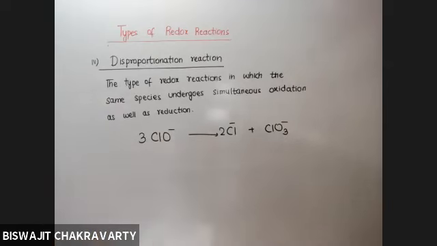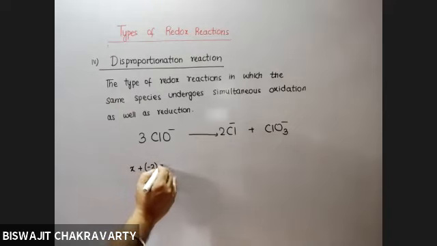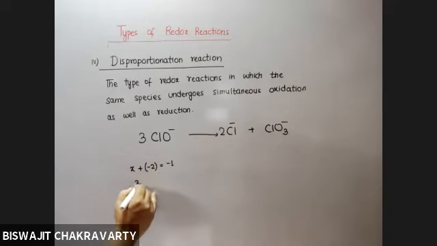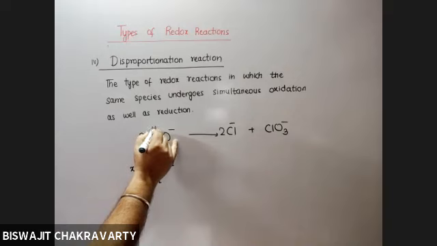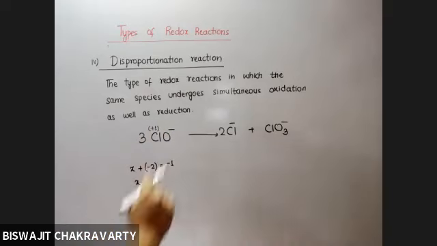This one let us calculate. Chlorine, let us say, is X. Oxygen is -2. Overall is -1. So what is the oxidation state of chlorine? +1. We need not calculate oxidation number of chlorine in chloride. It is directly visible. It is -1.